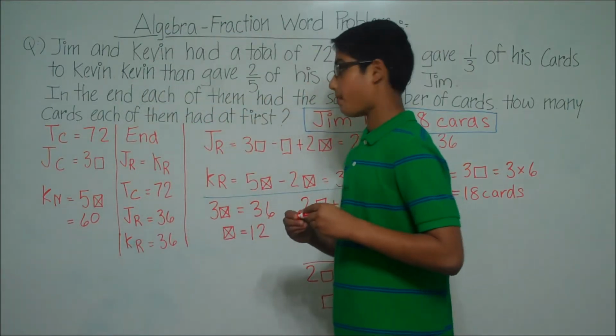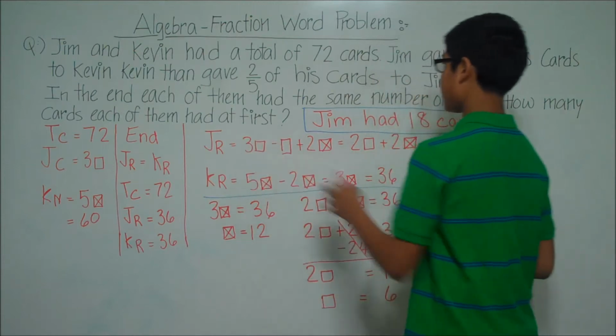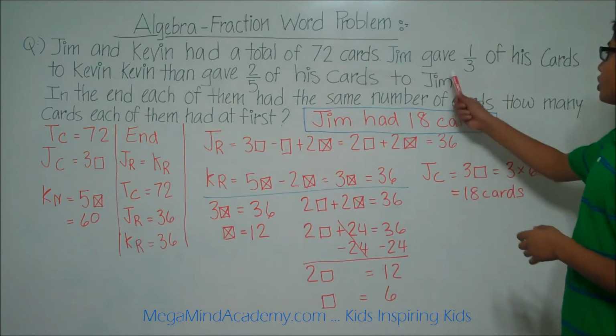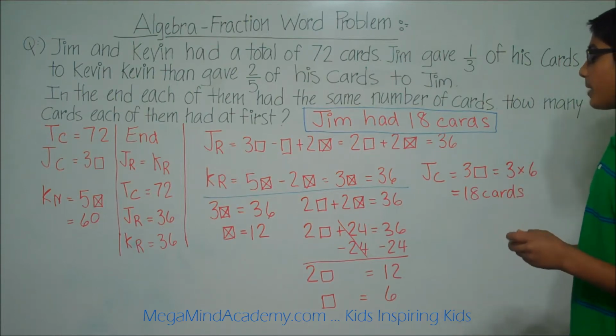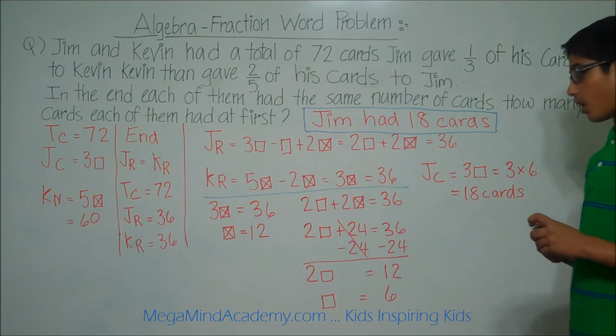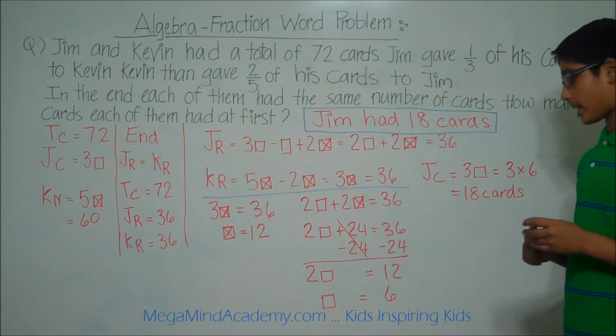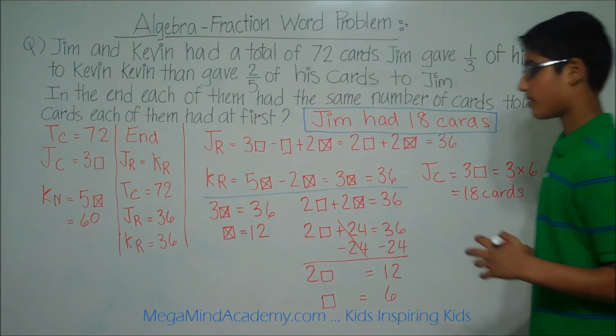But we have to remember that he had 60 cards after Jim gave him 1/3 of his cards. So after Jim gave him 1 unit of cards. So after Jim gave him 6 cards.